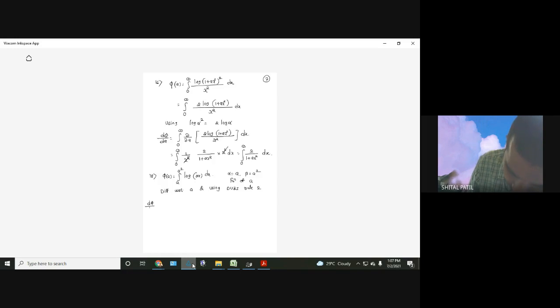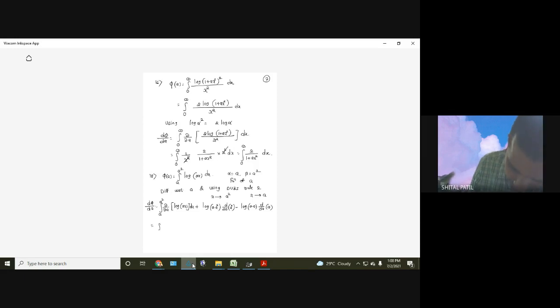So d phi by dA equal to integral from a to a square of del by del a of log of ax dx, plus replace x by the upper limit, minus replace x by the lower limit. So log of, replacing x by a square, already a is there, and then a square into d by dA of a square, minus log of a into a, then d by dA of a.